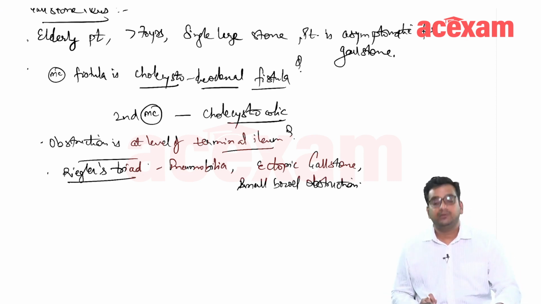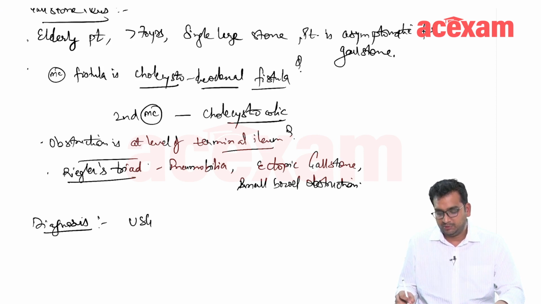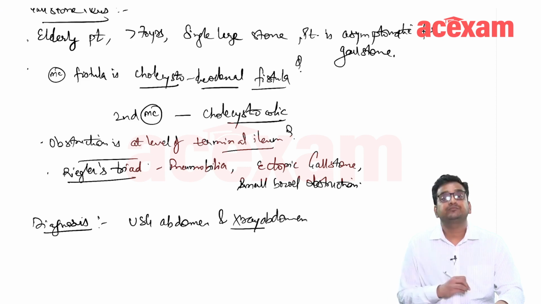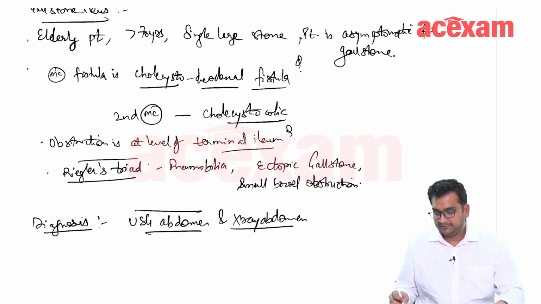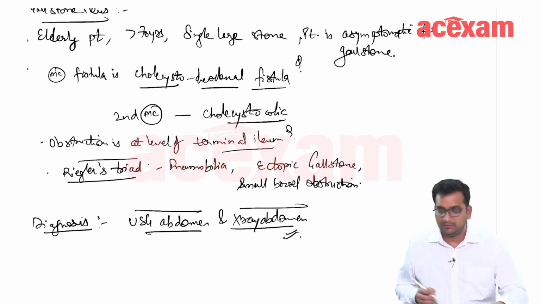How to diagnose? We can diagnose it with USG, ultrasound abdomen, and X-ray abdomen. On ultrasound, we can see pneumobilia and there are no gallstones in the gallbladder, and on X-ray there is presence of an ectopic gallstone in the small bowel and there is presence of small bowel obstruction.